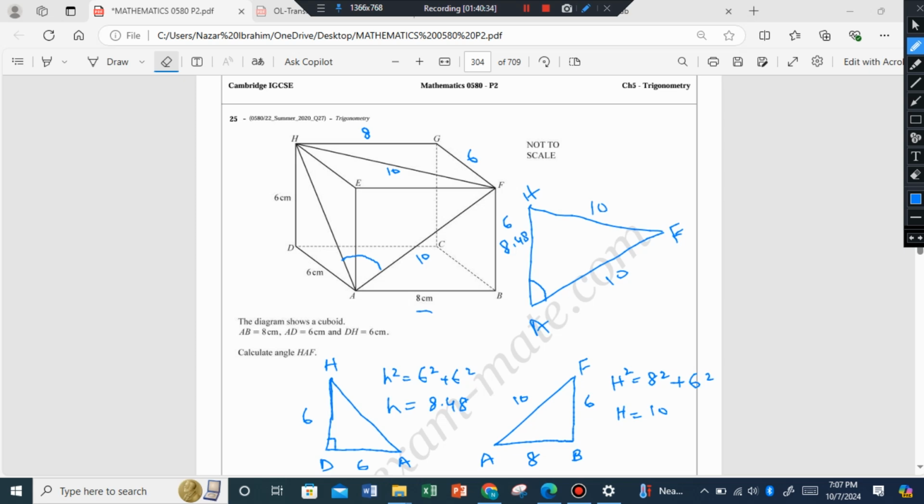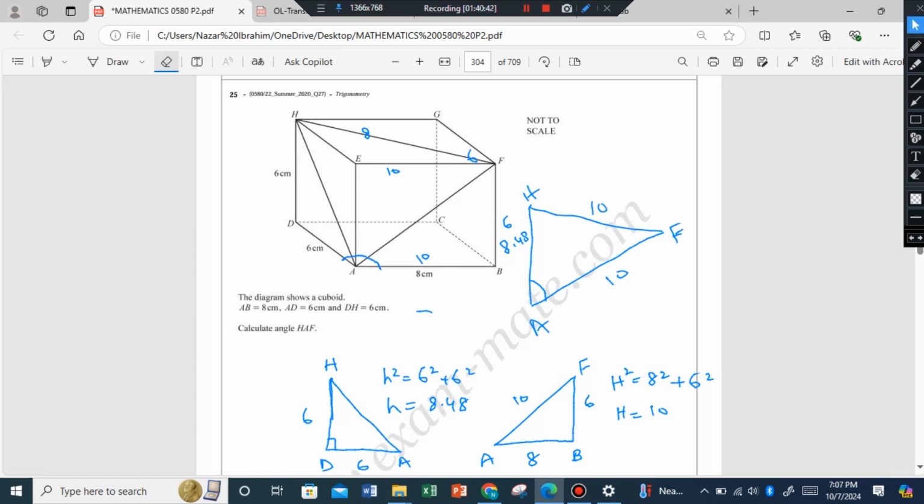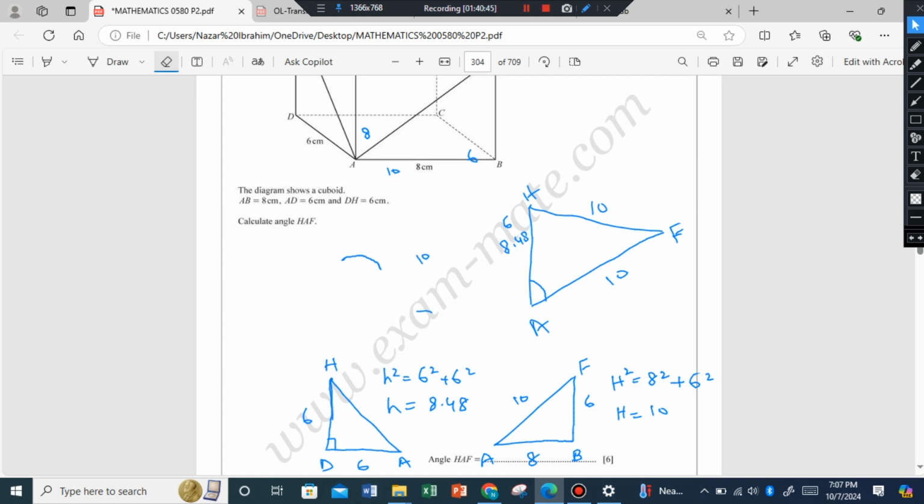So what is the cosine law in this case? cos of HAF is equal to the following. The side opposite to angle HAF is 10, which will go with a minus sign, and the other two sides with plus signs.